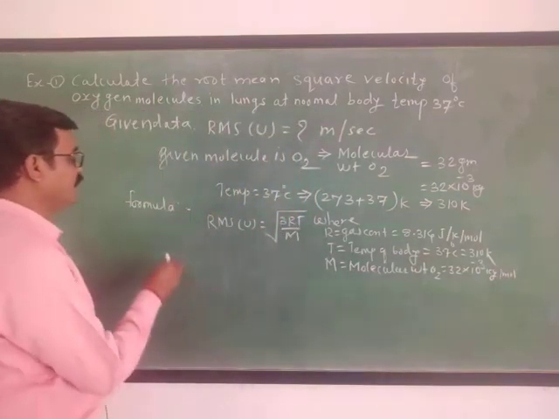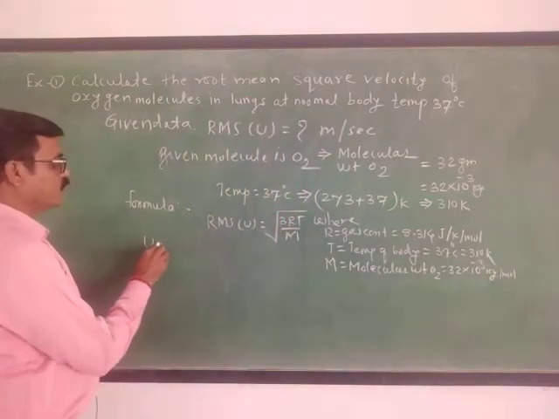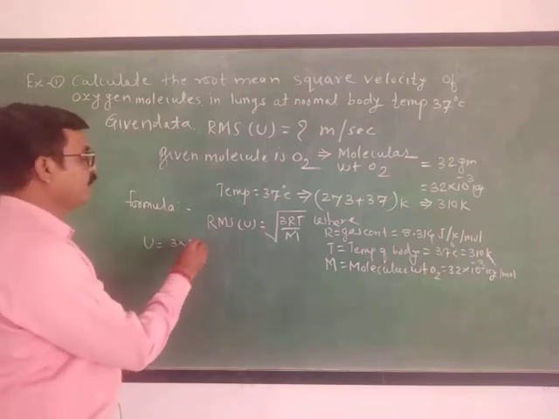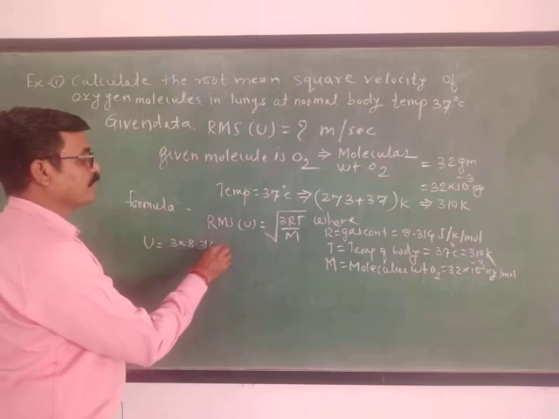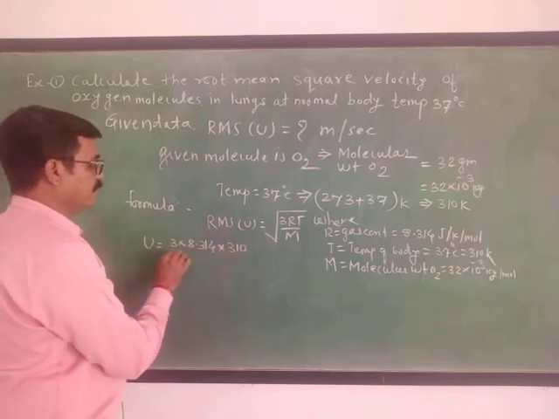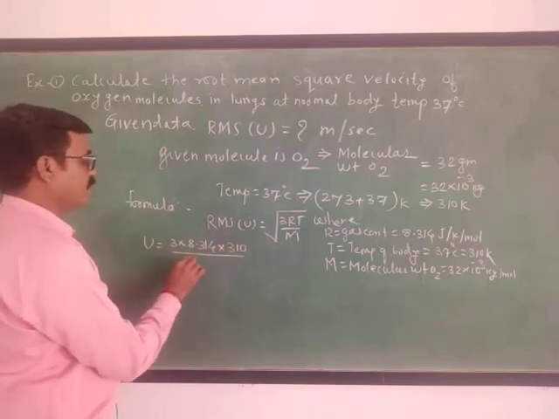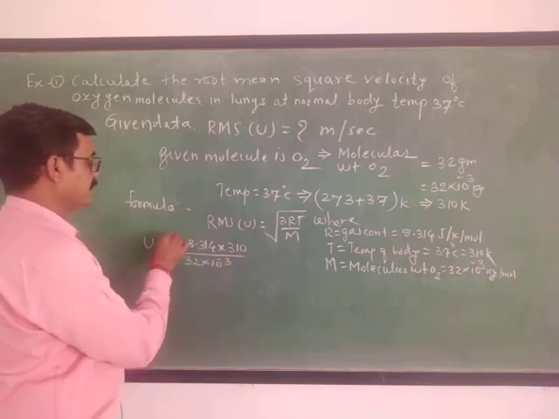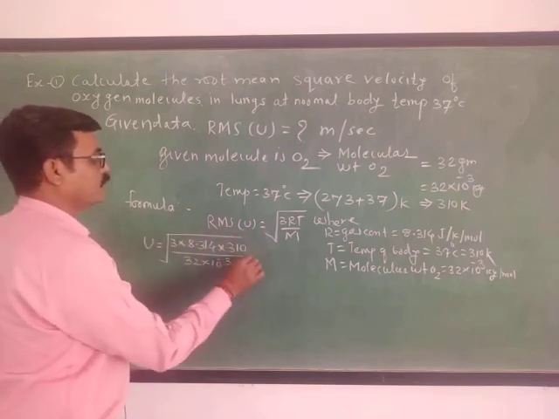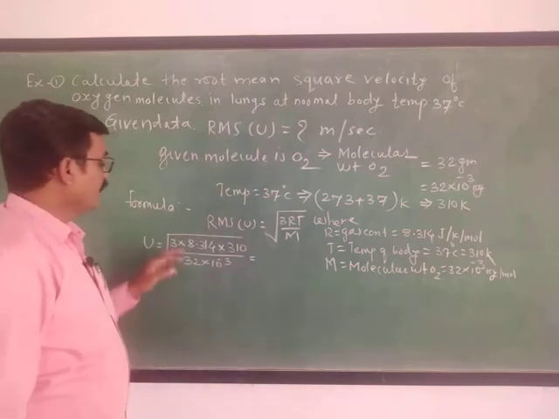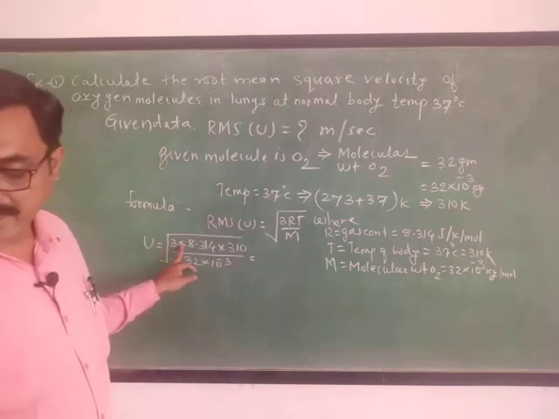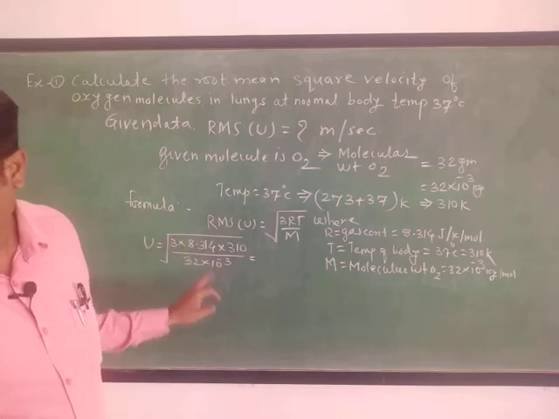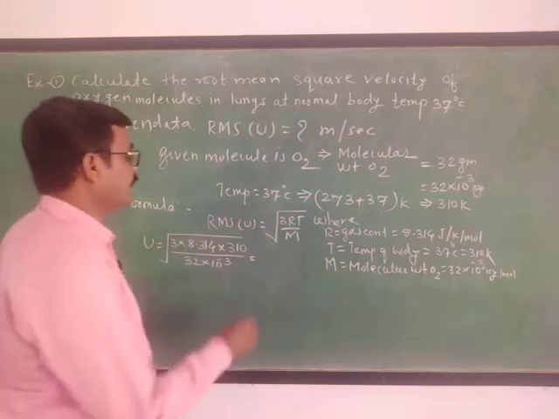Now put all these values. U equals the square root of 3 into 8.314 into 310 divided by the molecular weight, 32 into 10 raised to power minus 3. Now the multiplication of 3 into 8.314 into 310 will be 7732.